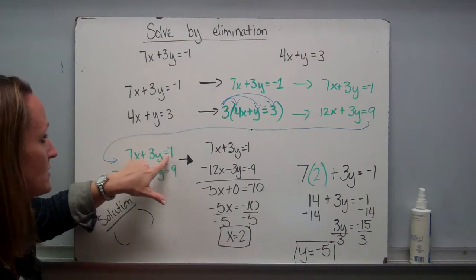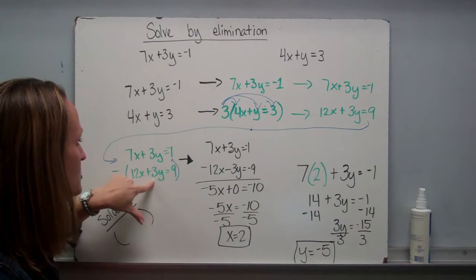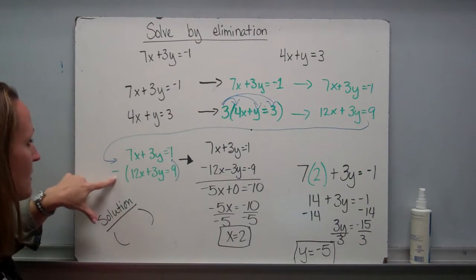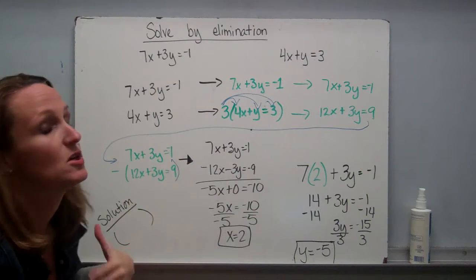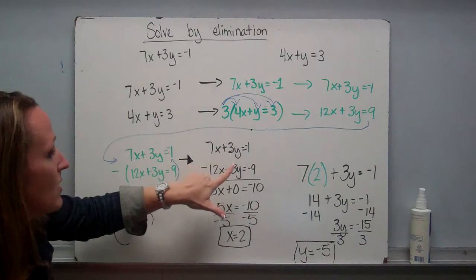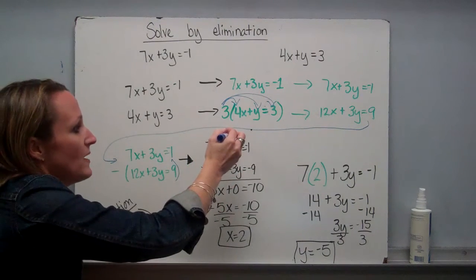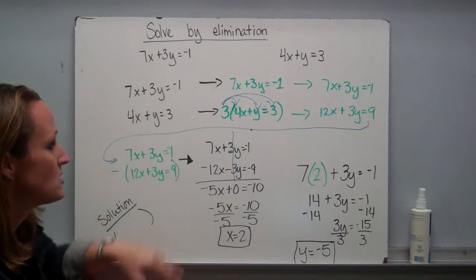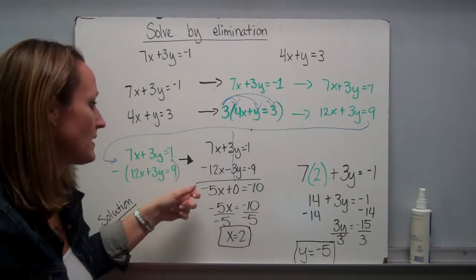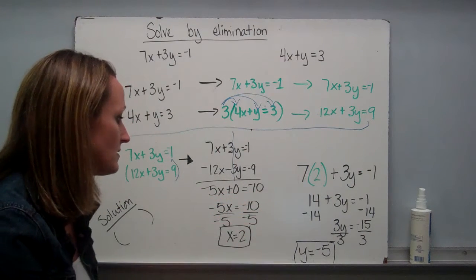7x plus 3y equals negative 1, minus 12x plus 3y equals 9. What happens when I do that minus? It hits every sign. So every sign changes. So what I really have is minus 12x minus 3y equals negative 9. So now my 3's will cancel. So I have 7x minus 12x equals negative 5x, plus 0, equals negative 10.